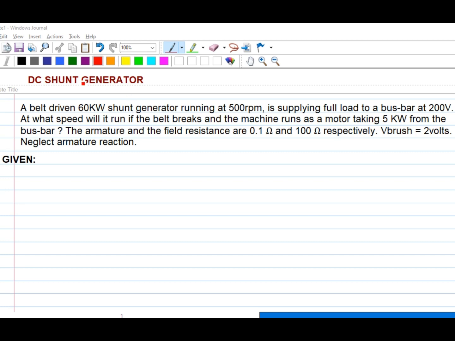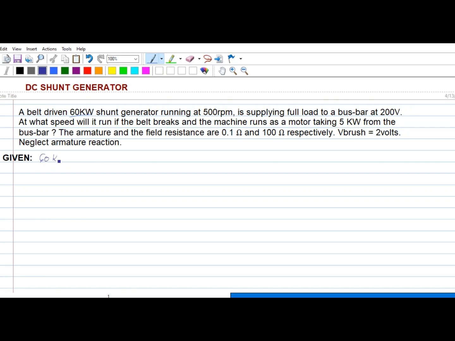We have 60 kilowatts as the output of the generator, and it is running at 500 RPM, also the speed of the generator.